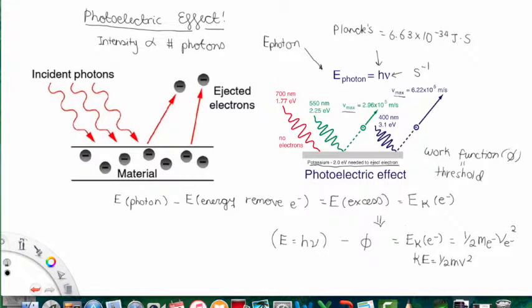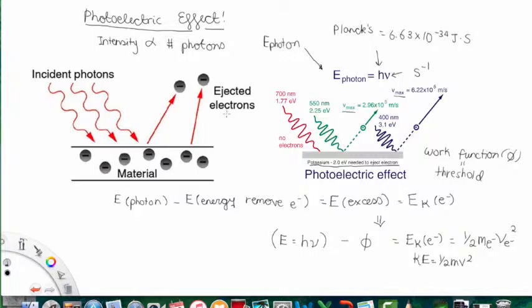Unless the energy of the photon is greater than or equal to the energy required to remove an electron, an electron is not emitted, even for high intensity light. So what that means is if you don't reach that particular threshold, we're not going to get ejected electrons.